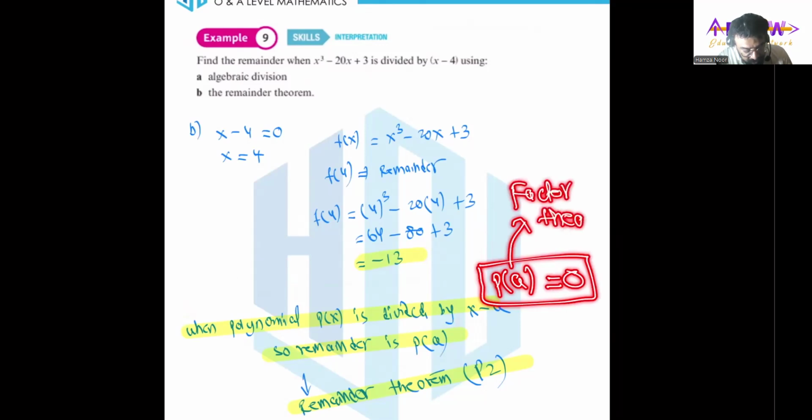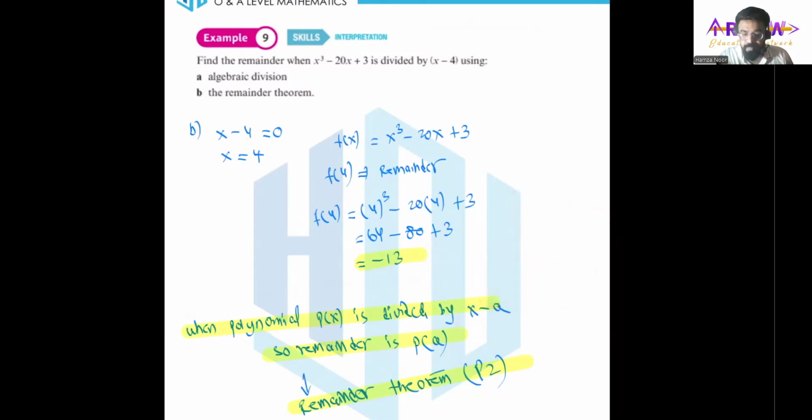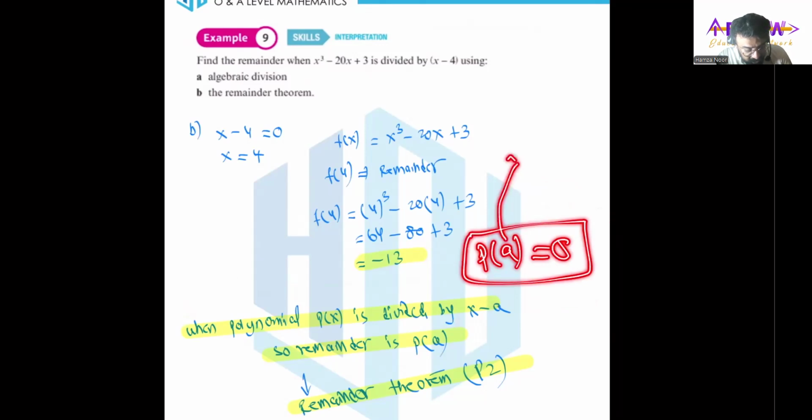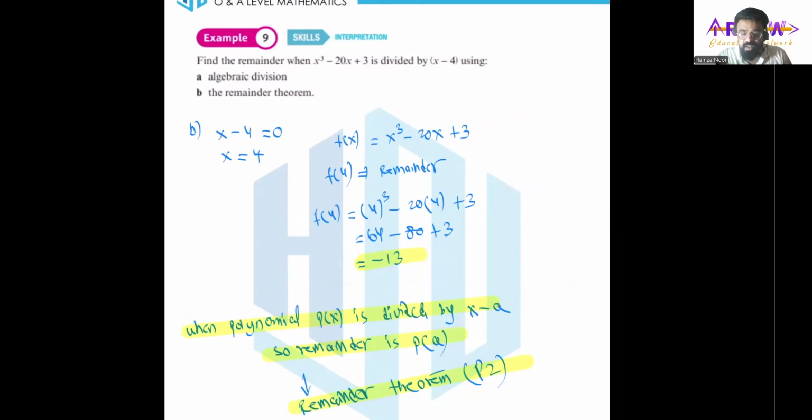This is also a concept of P2. When the input of the polynomial is a and the output is equal to 0, this is the factor theorem. This means that x minus a is a factor and x equals a is a root. When the remainder becomes 0, that is basically the factor theorem.